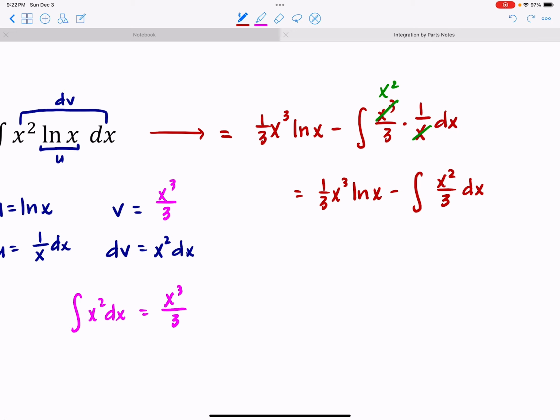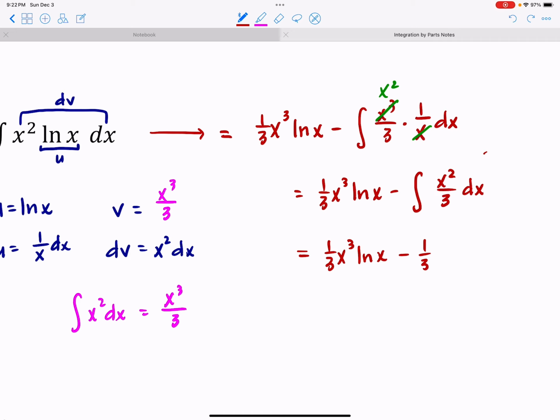Okay, now we're ready to actually finish this off, because now this is in a cleaned up form and we can take that integral. So we're going to have 1/3 x cubed times the natural log of x minus, this will be 1/3, that's the 1/3 that's out here. I'm going to use my power rule to integrate.